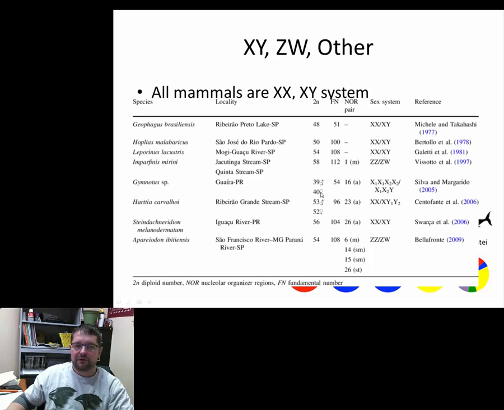And you get some weird ones like this, which are strange to us knowing the XY system. Look at this. If you're a male on this fish, you're sitting at 39 chromosomes. If you're a female, you're 40. If you're a male on this fish, you have more than you do if you're female, 53 and 52. So there's all kinds of things. But then look at what the sex system is.